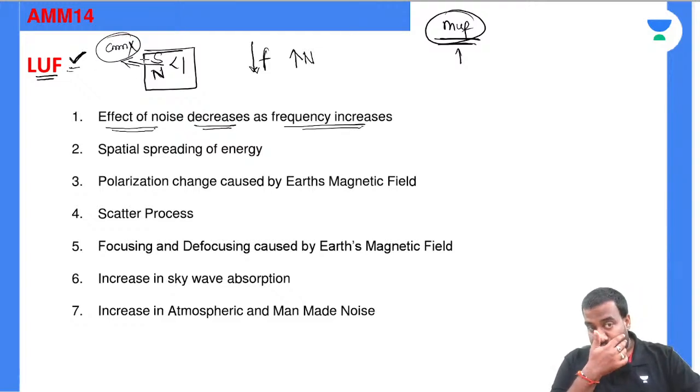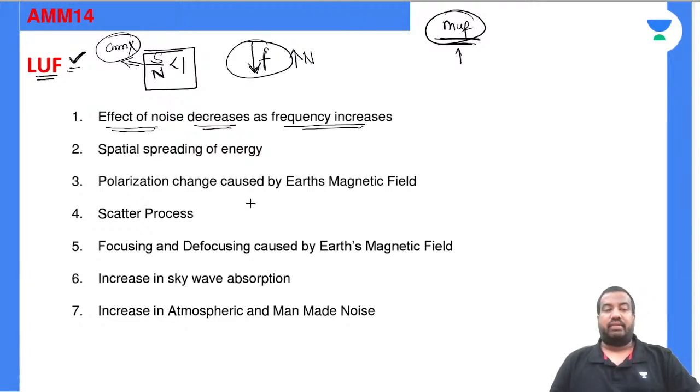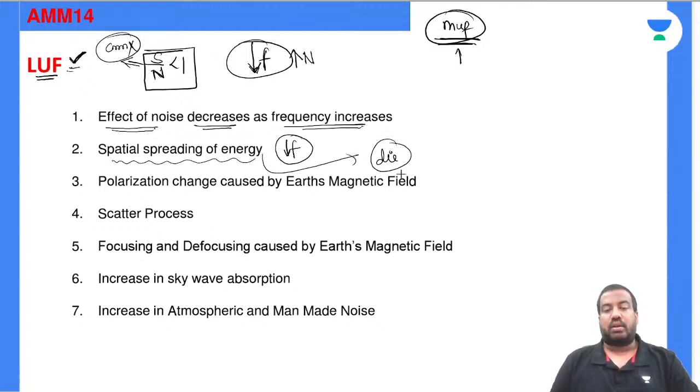So it forms a limitation. You cannot decrease your frequency according to your will and wish. As you decrease the frequency, the spatial spreading of energy will increase and the signal will die soon. So that's one more factor.